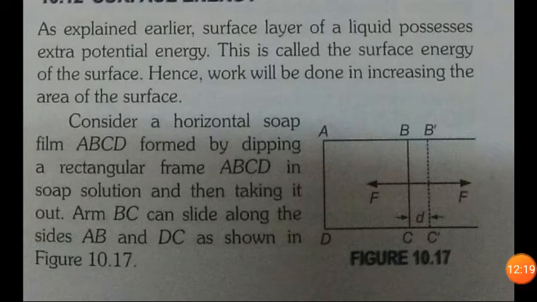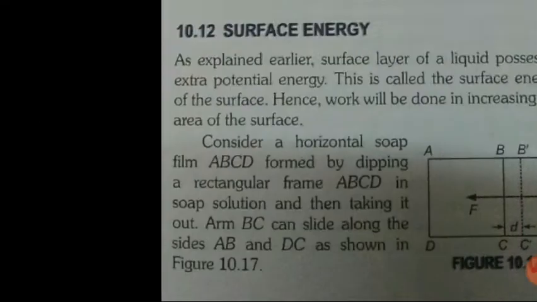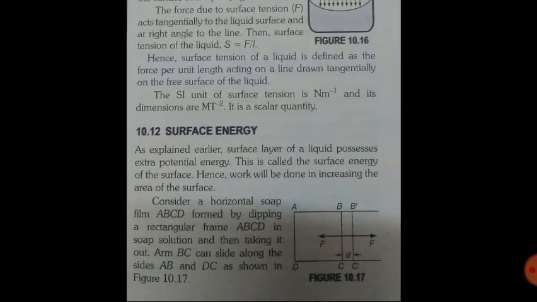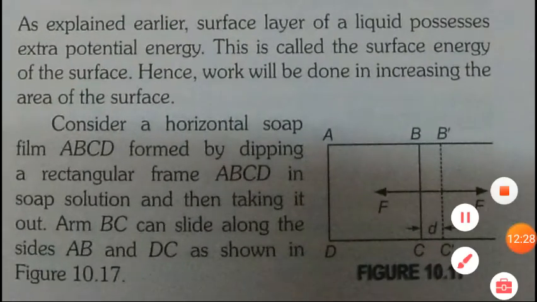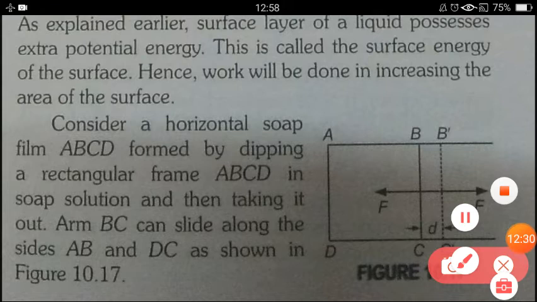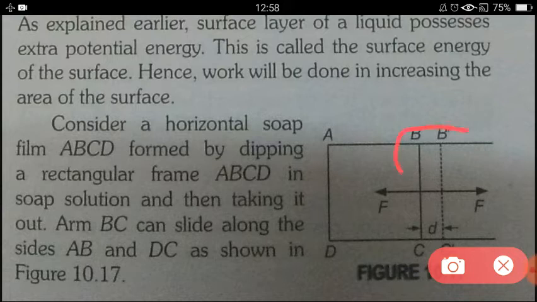Now let me explain once what d and L are. See, d is the breadth of this area, where we have to do the work. This distance is called the breadth, and L is the length.